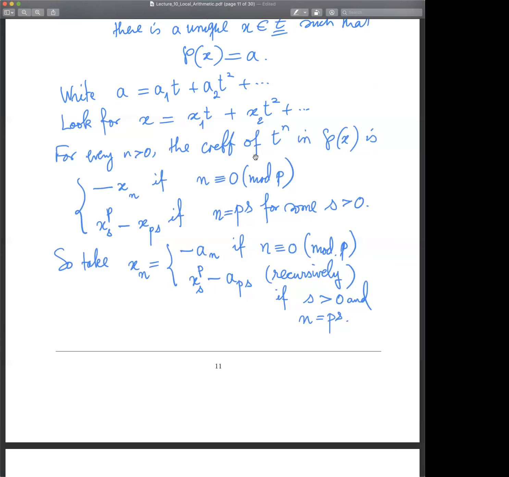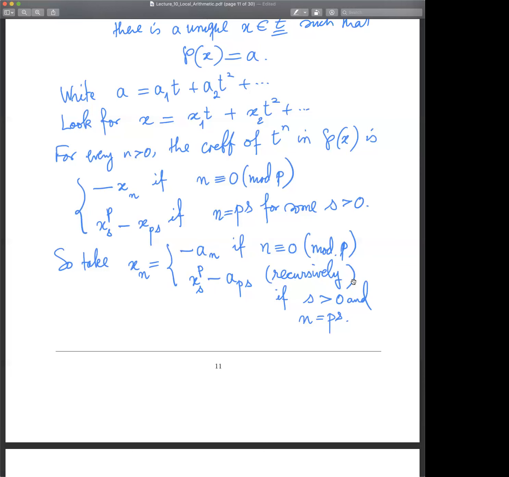Now, what we are looking for are the x_n's. By equating the coefficients of T to the n with a_n, you have found your x_n's. x_n is going to be minus a_n, because minus x_n is the coefficient of T to the n, and the coefficient of T to the n in A is a_n. So x_n is going to be minus a_n if n is prime to p.